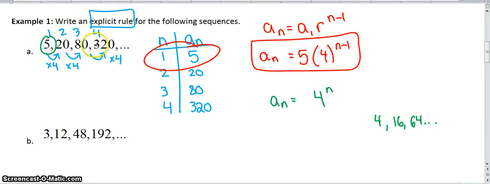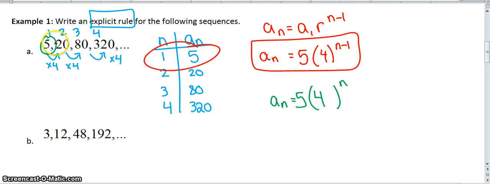And all of these are multiples of 5, right? 5, 20, 80, 320. They're all divisible by 5. So that hints to me that this would need to be multiplied by 5. However, if this is my sequence as it is now, and I'll put the n out here, if this were my sequence right now, I would have 5 times 4 to the n. So my first term would be 4 to the first, and my first term would be 20.